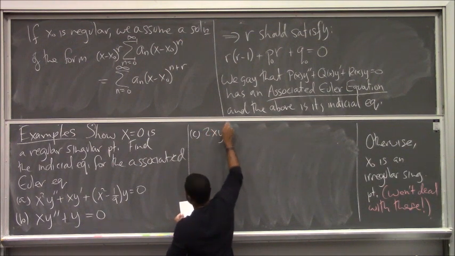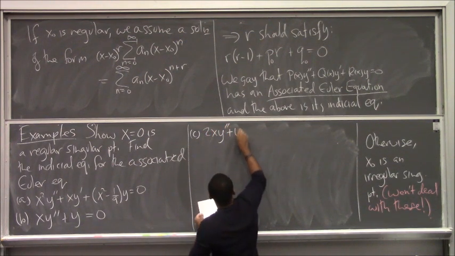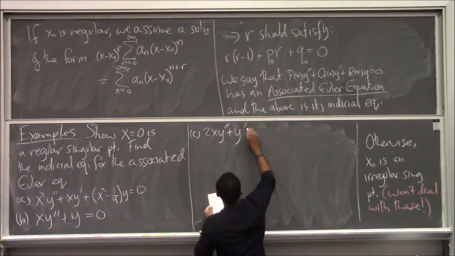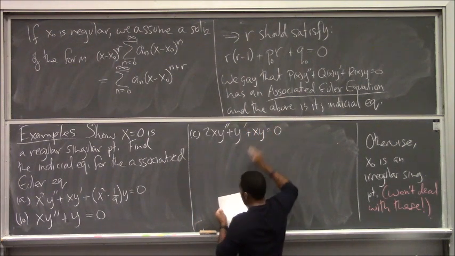C. 2x y double prime plus y prime plus x y equals 0.